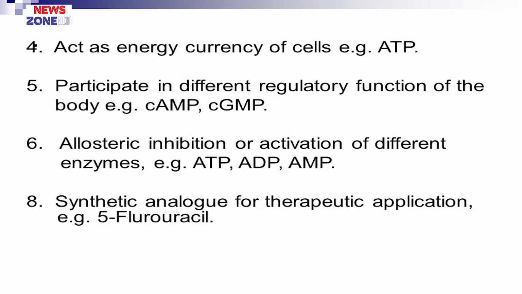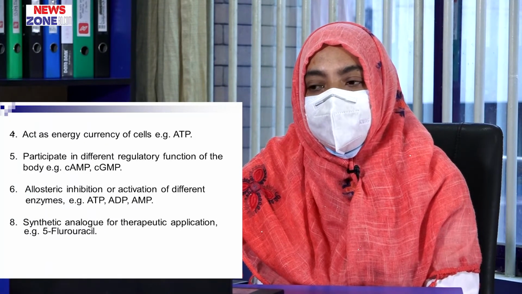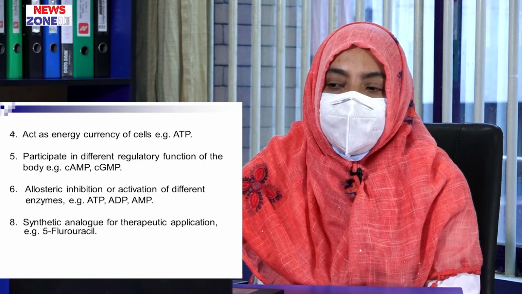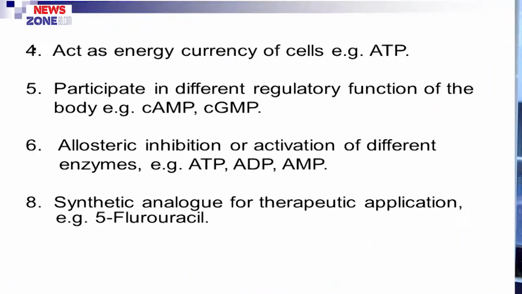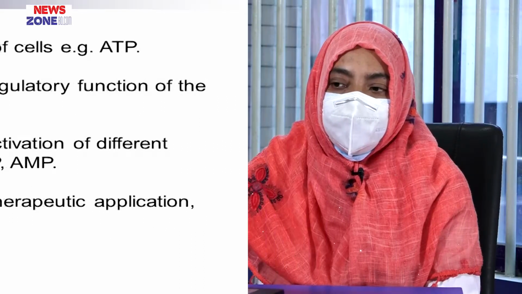They also participate in different regulatory functions like cyclic AMP, cyclic GMP. Nucleotides also cause allosteric inhibition or activation of different enzymes like ATP, GTP, AMP. Synthetic analogs have therapeutic application, example 5-fluorouracil.